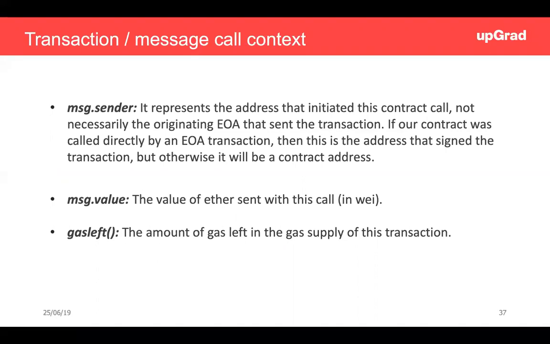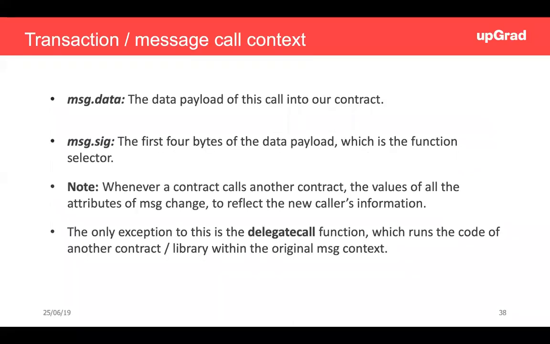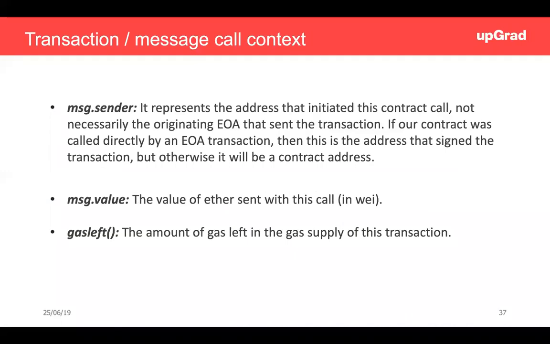And similar to message.sender, the value of message.value will also change. It's basically the number of ethers we send as part of the transaction. Remember, I told you that when we send transactions, we have to send some amount of gas, and that is sent as part of that message.value. Or if you are just doing a value transfer, even then you have to send message.value.